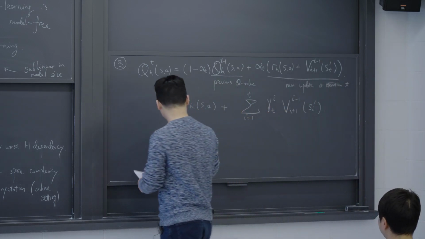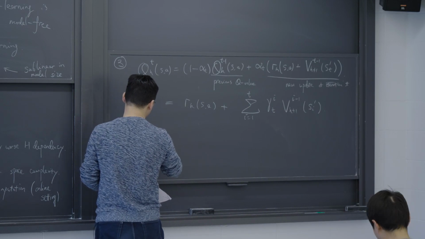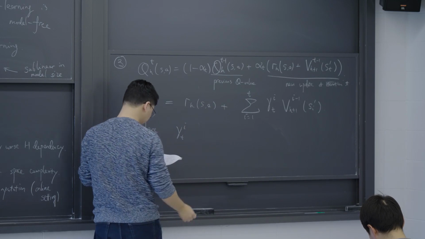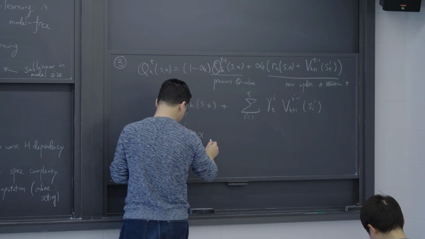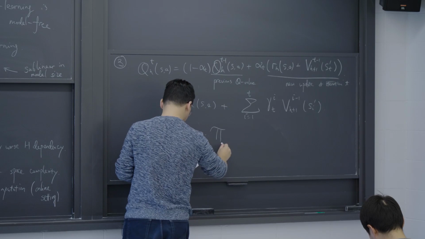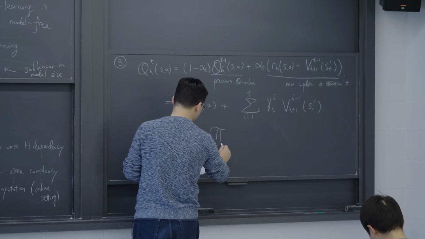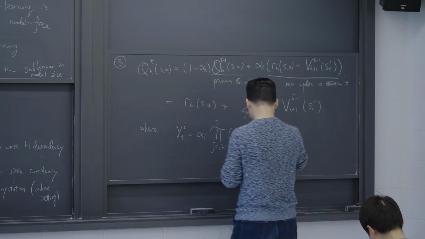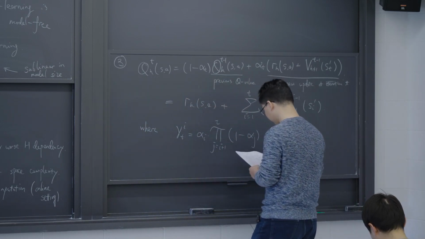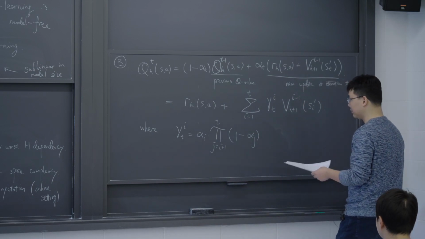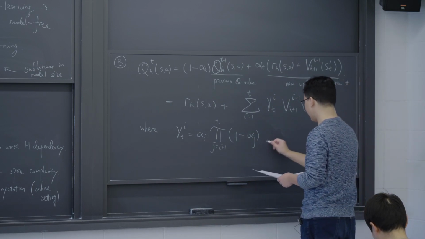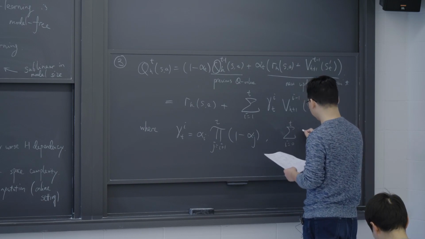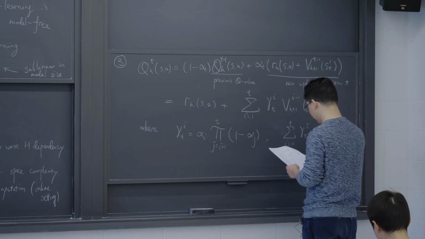And by calculation, you can actually get that gamma t i is equal to alpha i times the product j equal to i plus 1 to t of 1 minus alpha j. And the summation i from 0 to t of gamma t i is equal to 1.